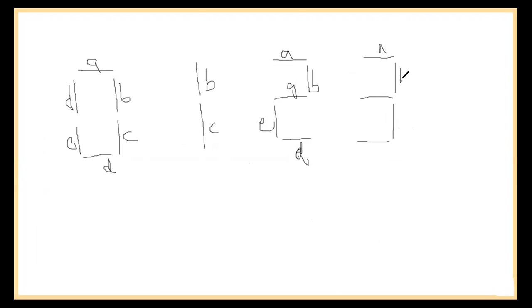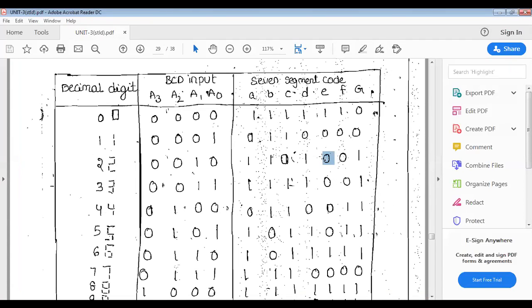E is off and F is also off. So only E and F are the zeros to get a 3 on the output side. Only the 2 is wrong here. Change E to a 1 when taking the BCD input 0, 0, 1, 0.